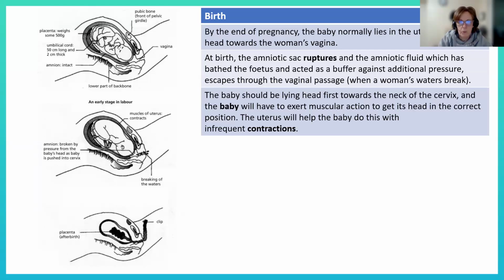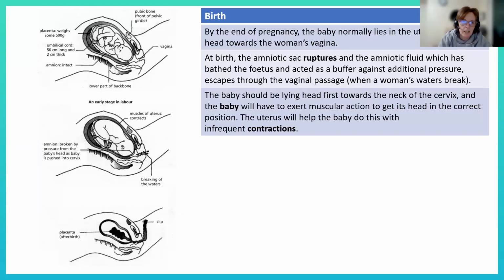Baby, hopefully, at this point, is lying head first, so with its head against the cervix, and then it will have to exert muscular action to get its head in place. And the uterus contracts, not massively to start with, quite slowly, but this will help to move the baby into place.